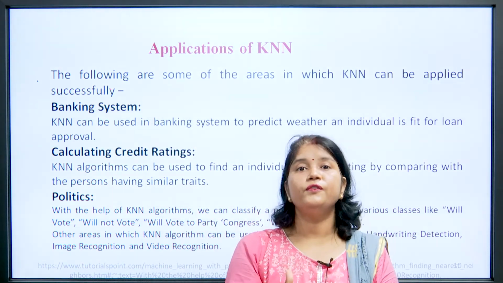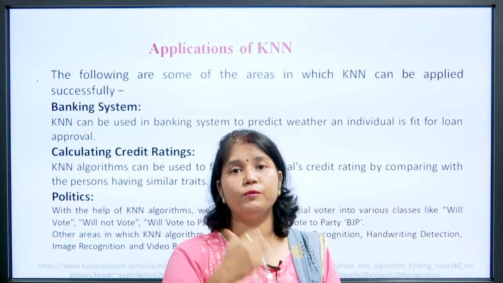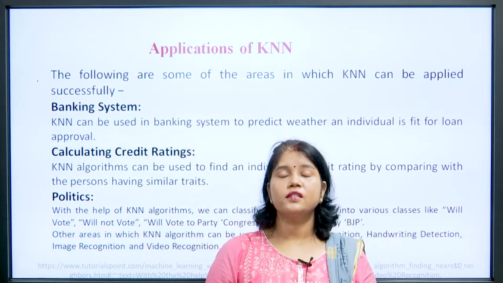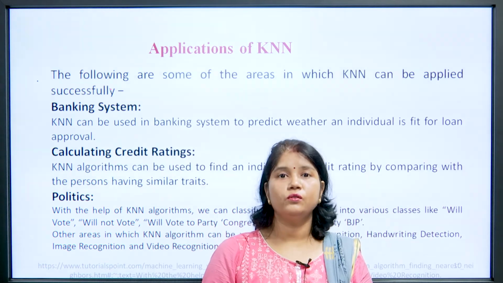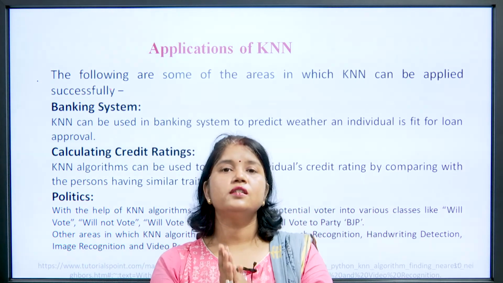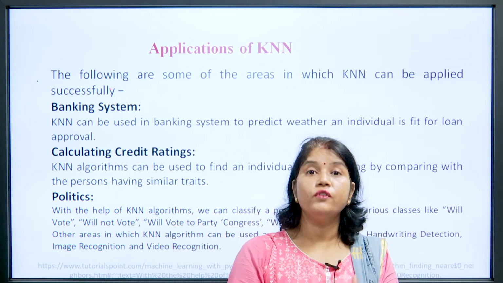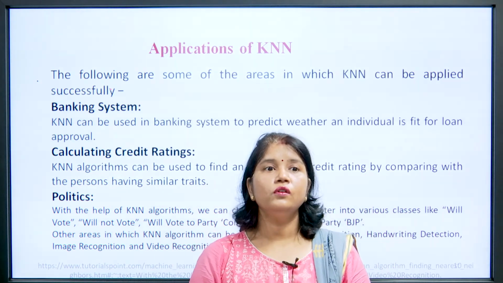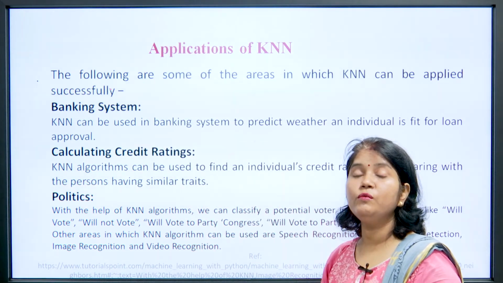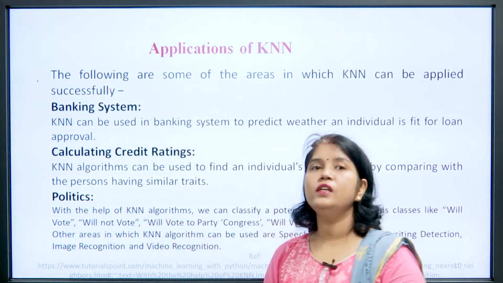For that we prepare the model according to the classification technique, with the help of the regression technique, and several other techniques, since we are discussing machine learning here. So, the machine is able to take the decision, right. In the banking sector, you can see here how KNN works exactly. It is also used for calculating credit rating: the KNN algorithm can be used to find an individual's credit rating by comparing with persons having similar traits.